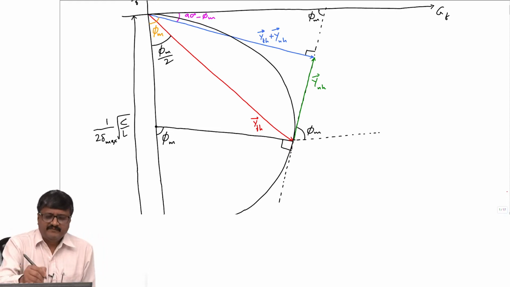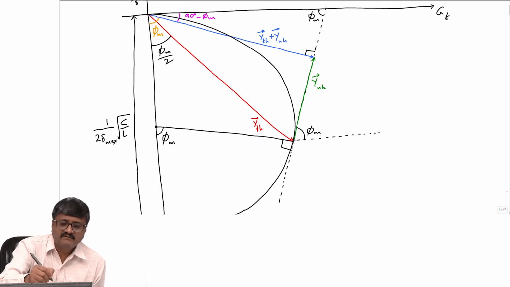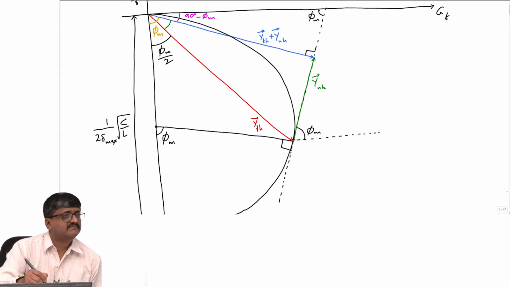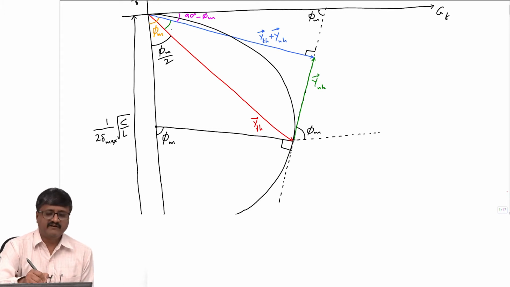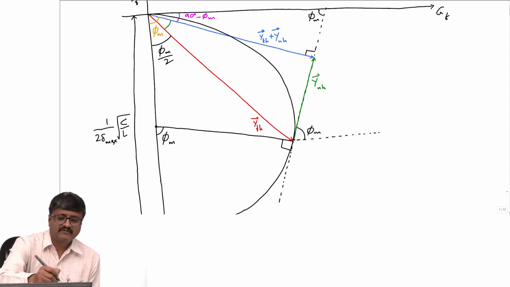So, if that is phi m by 2, then this angle, the green one, is also phi m by 2.